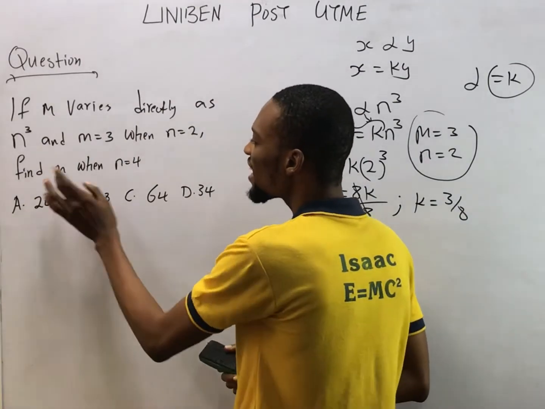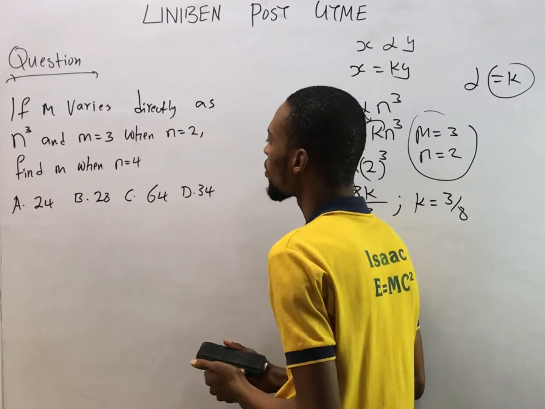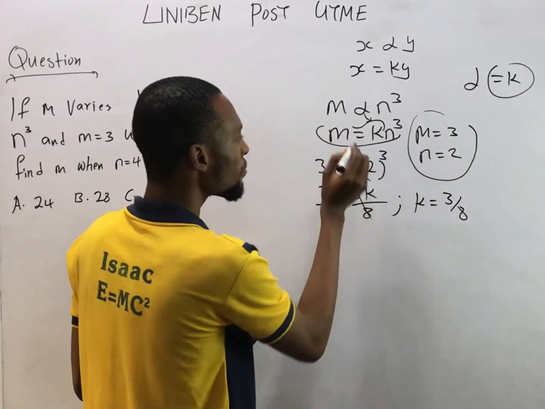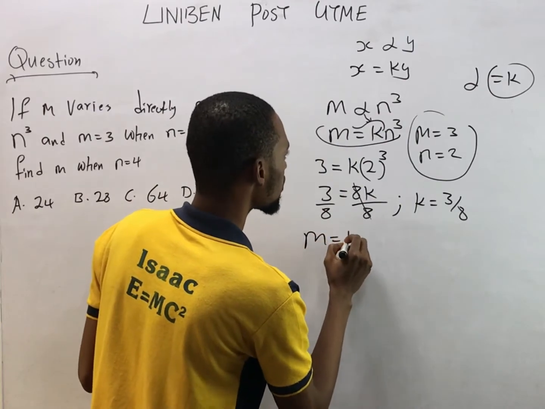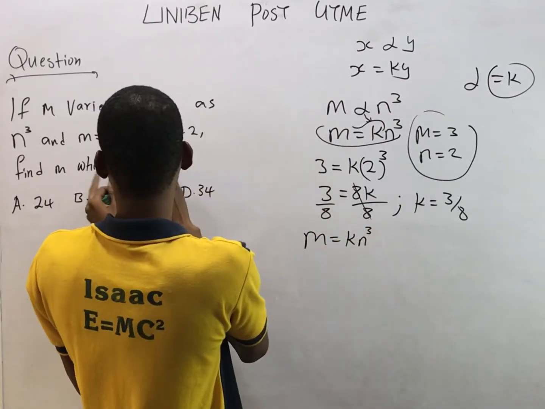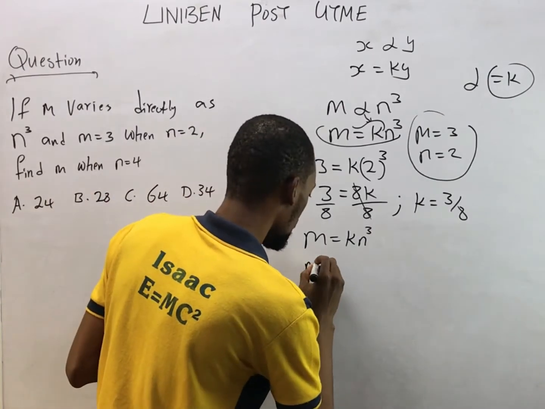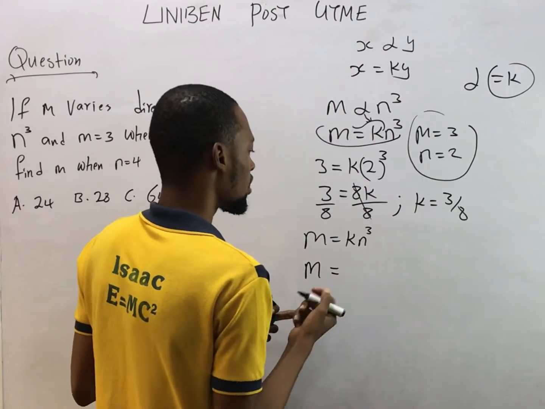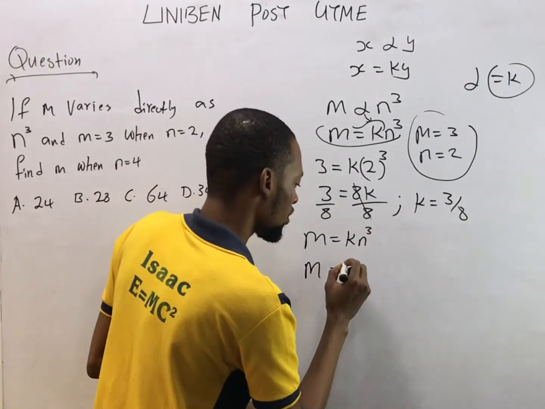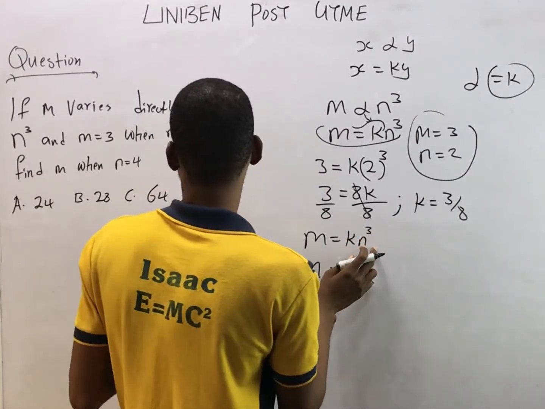It says find M when N is equal to 4. And the relationship between M and N is simply this relationship: M is equal to K n raised to the power of 3. They are asking us to find M when N is equal to 4, so now we don't know M. M is equal to K. We found K, which is 3 over 8, times the new value of N, which is 4.